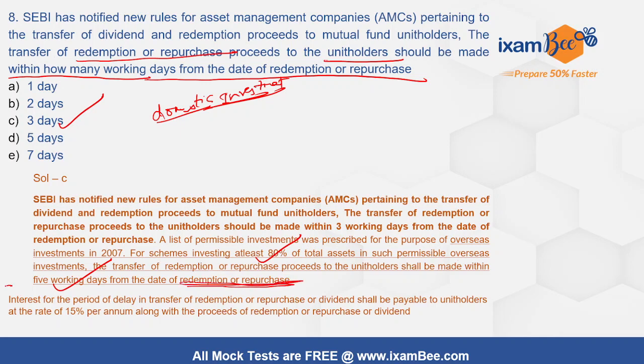In case there is any delay in adhering to such timelines for the transfer of redemption or repurchase or dividend payments, then interest at the rate of 15% per annum needs to be given to these unit holders along with the respective dividend and redemption proceeds.